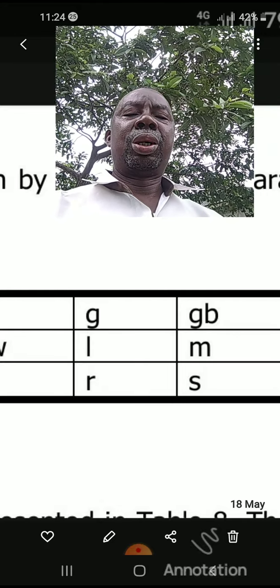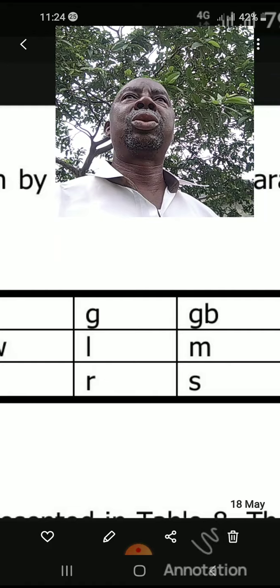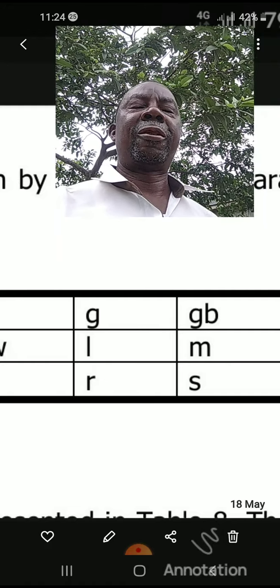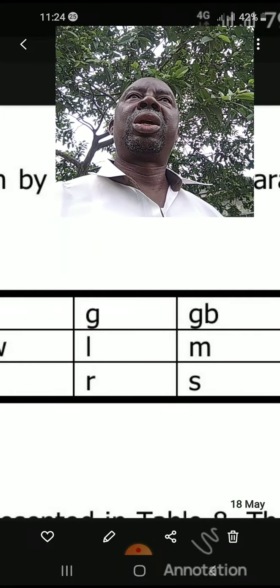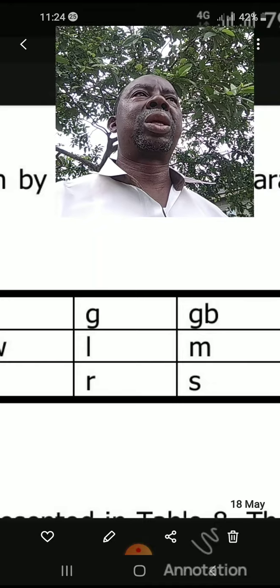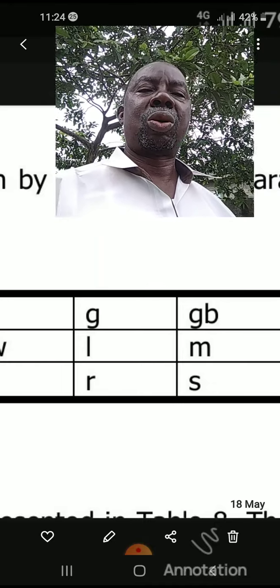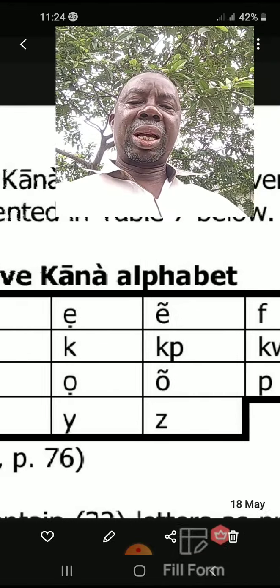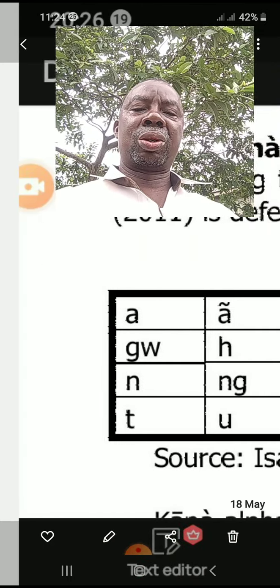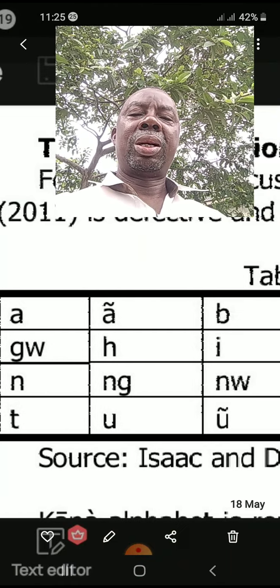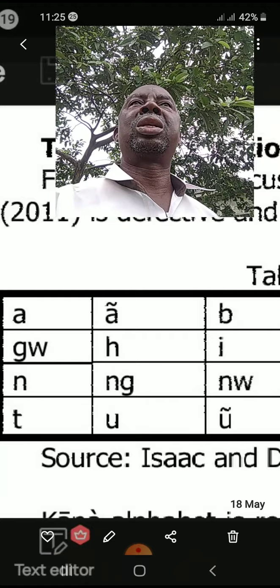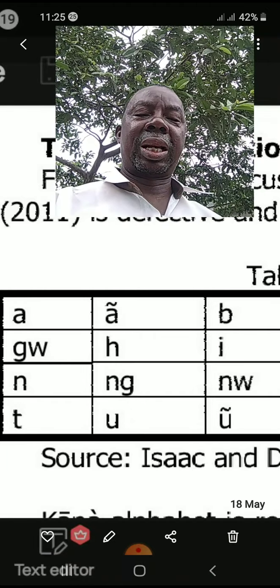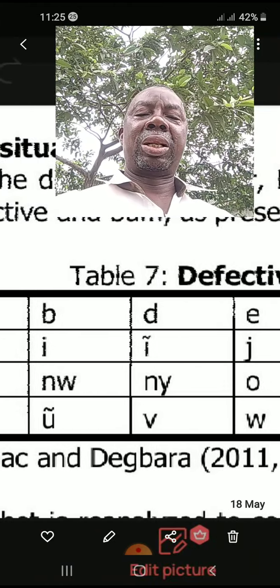So this GB is not a digraph in this sense. It is a complex consonant in the sound system of the language. So you can now see that all these ones, GW, is a complex consonant in the language. And then look at it here again.